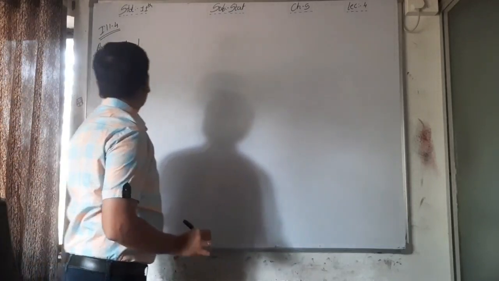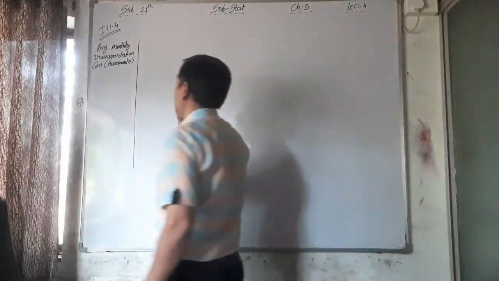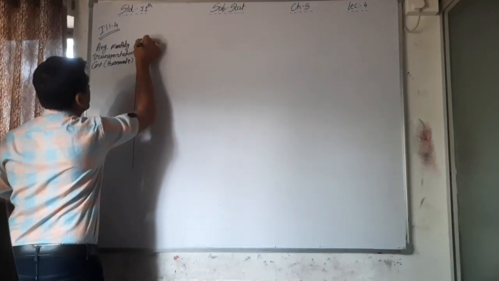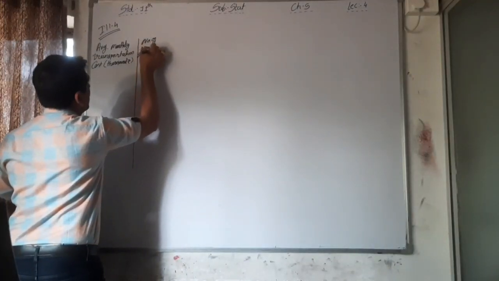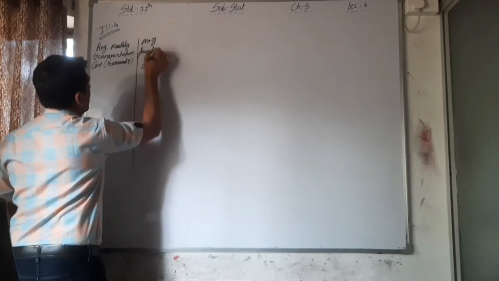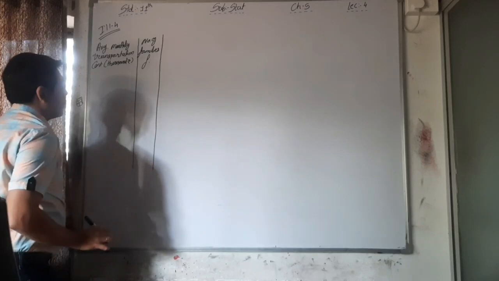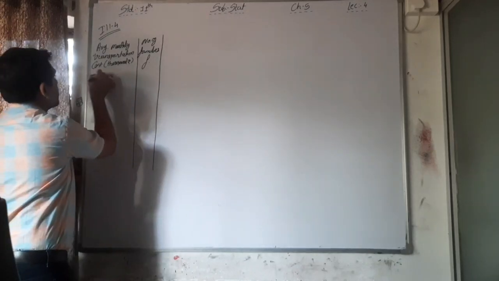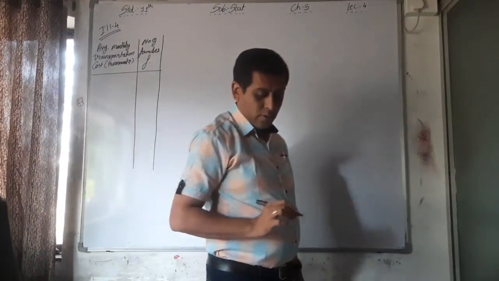Average monthly transportation cost in 1000 rupees and number of families, that is your F. Two values are given. First of all, I am writing out the question and then we will discuss the answer.